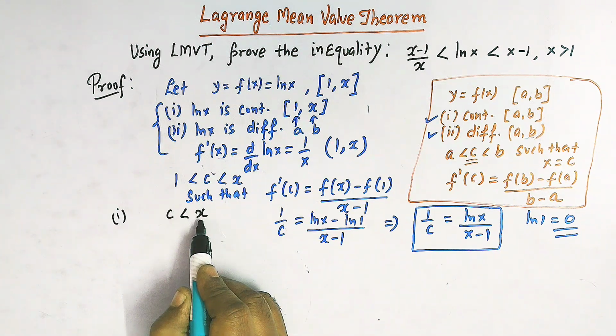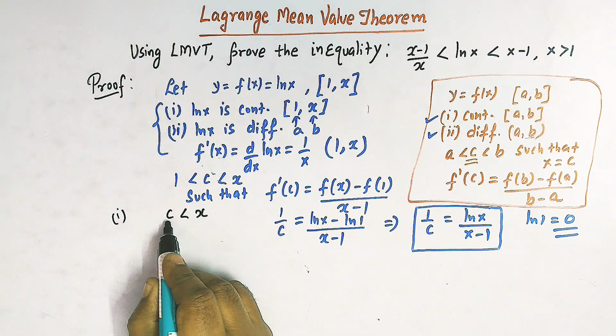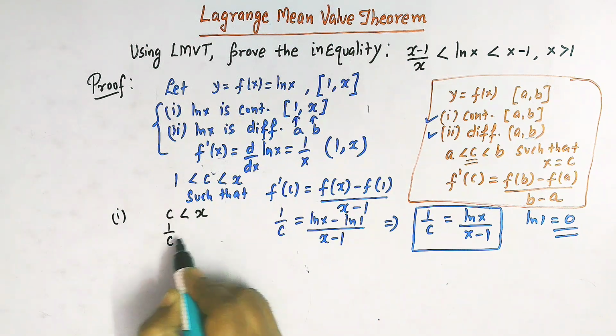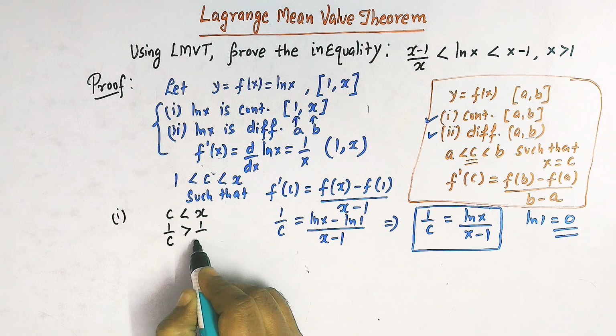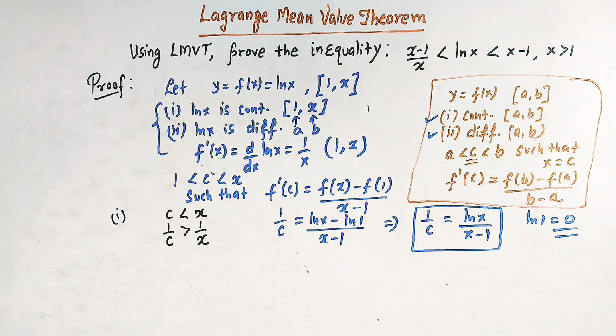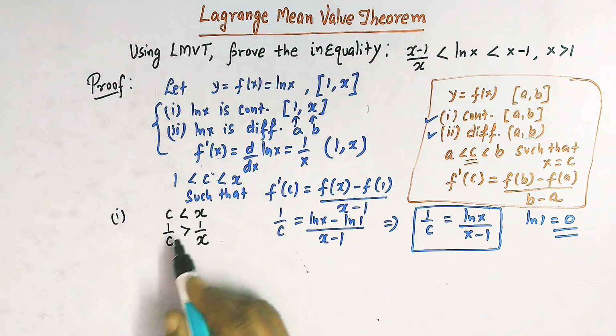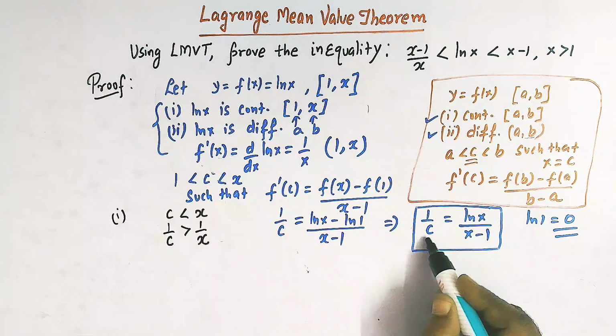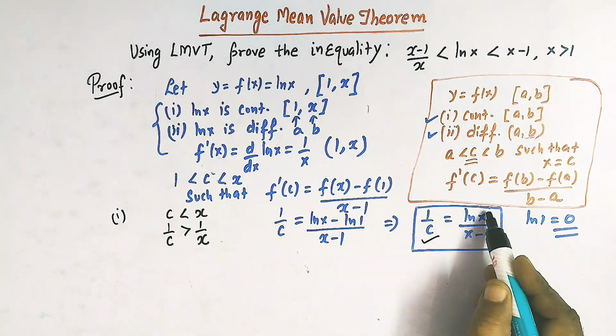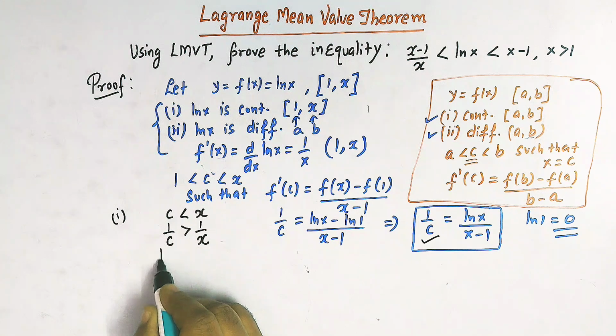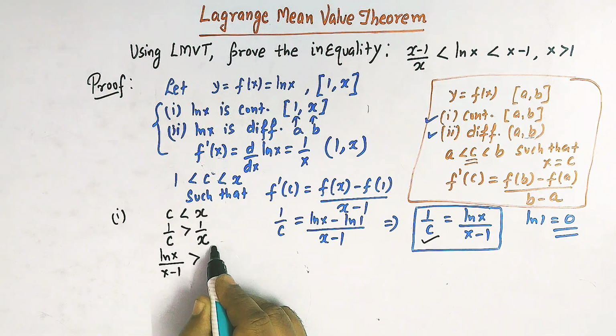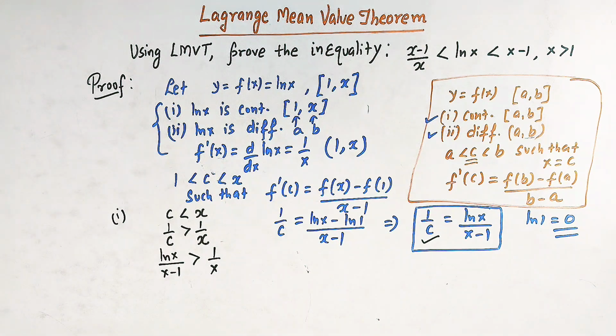Now c is less than x, so it implies that 1 over c is greater than 1 over x. Now 1 over c can be replaced by this expression, that is log of x over x minus 1, that is greater than 1 over x.